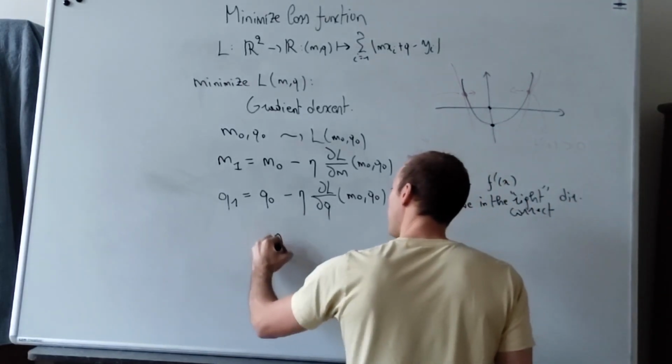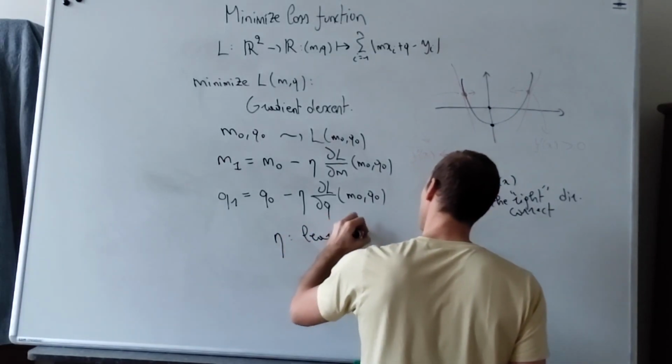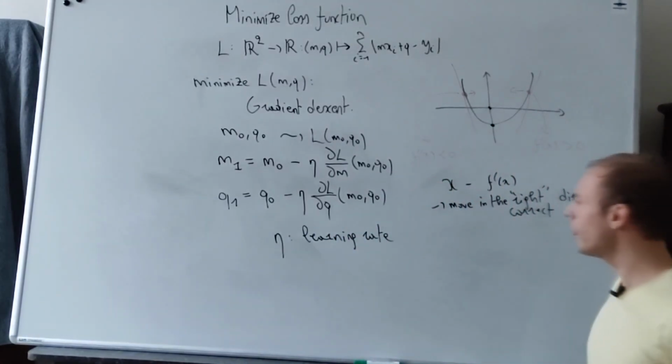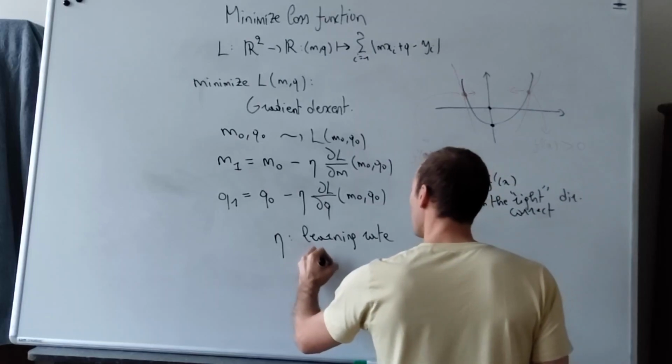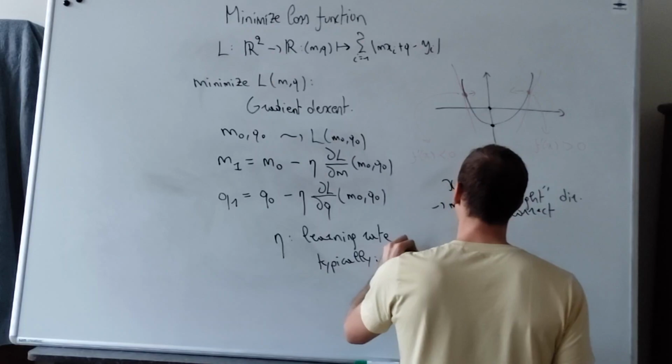And what is this eta? This is what is called the learning rate. It says how fast a model actually learns. Typically this eta is around 0.1.